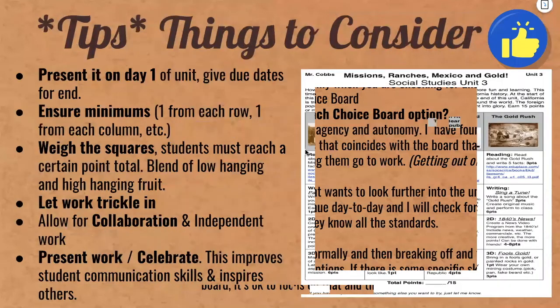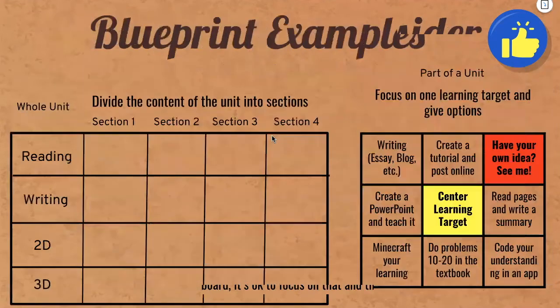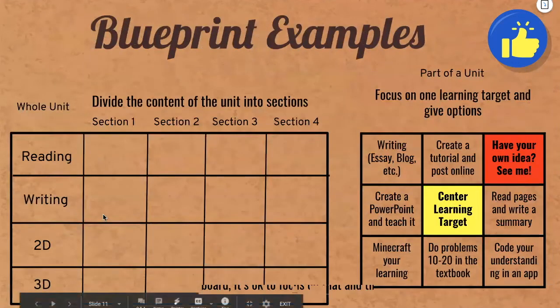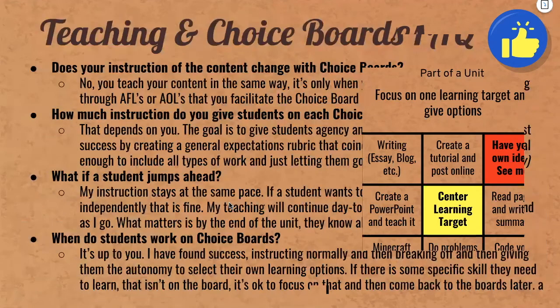So you want to give students the ability to be creative and autonomous, but have some minimum expectations. Essentially get out of their way. Now, if you notice within that unit, I had 4 sections, and we might be talking about section 1, but maybe a student jumps ahead to section 3. Am I okay with that?